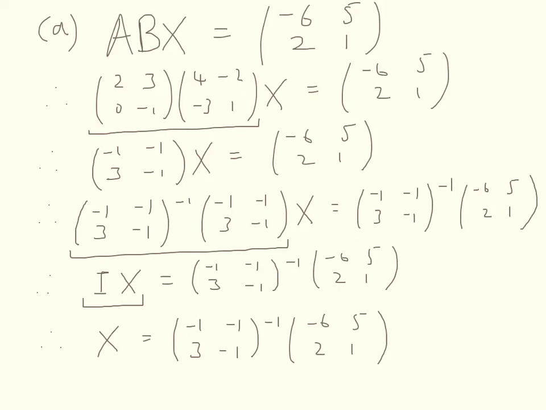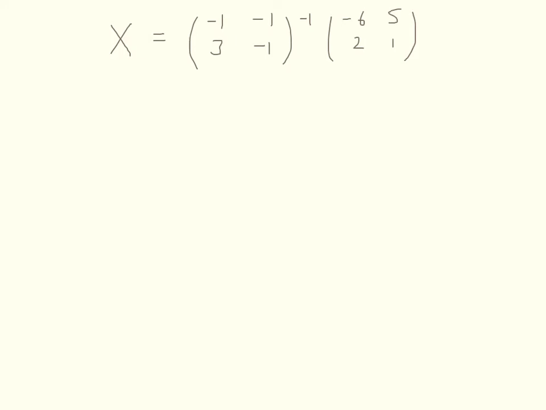We've reached this stage and now we just need to simplify the right hand side, but we can't do the multiplication until we've worked out the inverse matrix, so pause the video and do that now. What you should have got is 1 over the determinant, swap the elements of the leading diagonal and multiply the other two by minus 1.